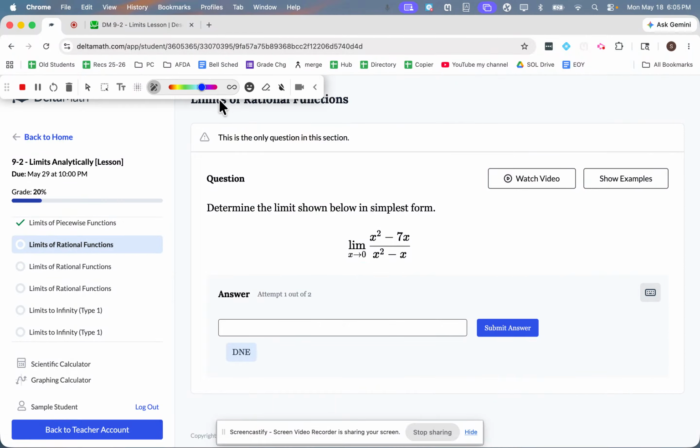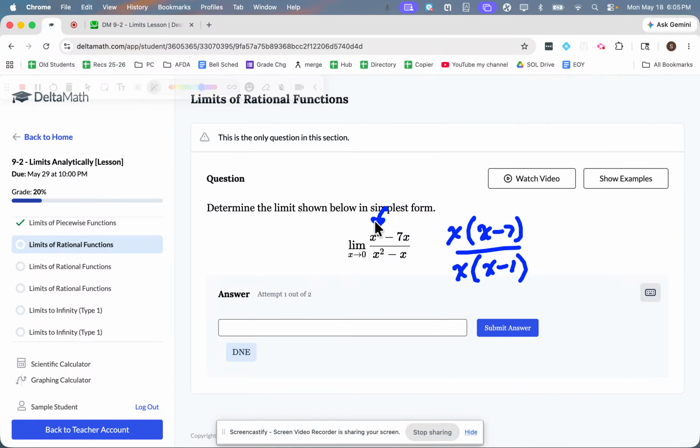So if we're going to analyze this function, we've got to factor it, because the only way you see any of those things is in factored form. So here we go. What I'm seeing here is that top and bottom have GCFs. X is my GCF for the top and the bottom. Here it is in factored form.